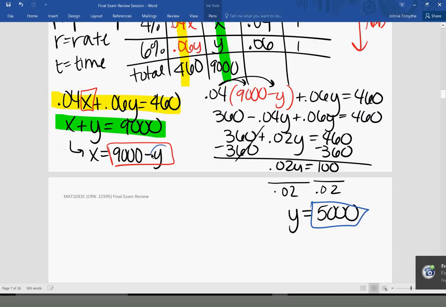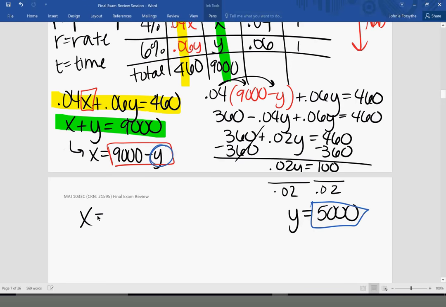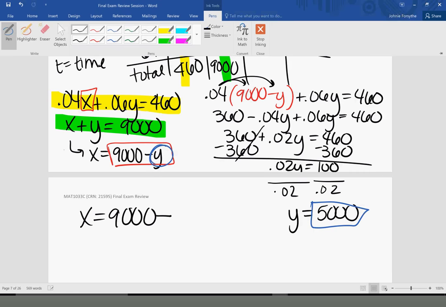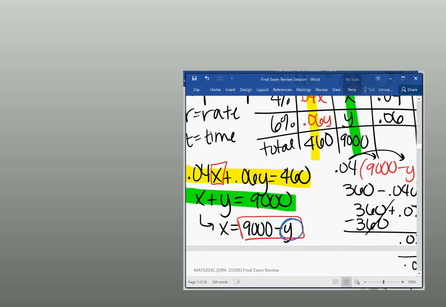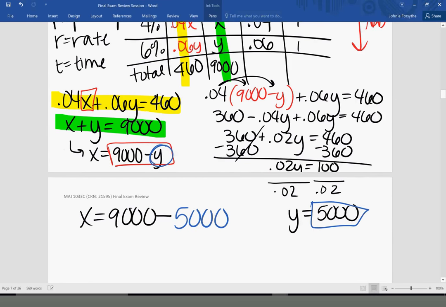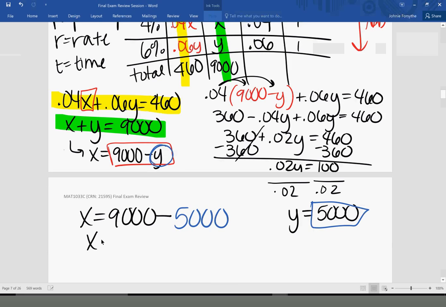We already have one set equal to x, so we'll plug it in right here. So we have x equals 9,000 minus y, which we now know is 5,000. And so 9,000 minus 5,000 is 4,000. x equals 4,000.